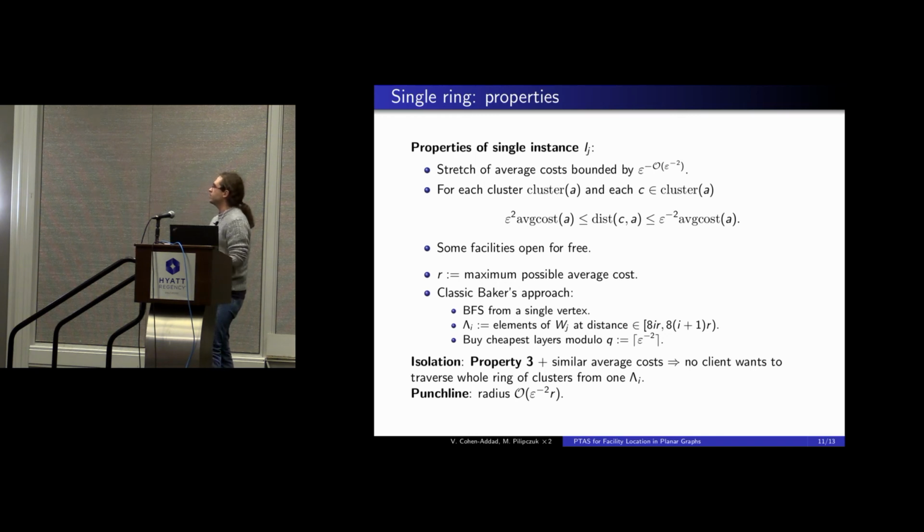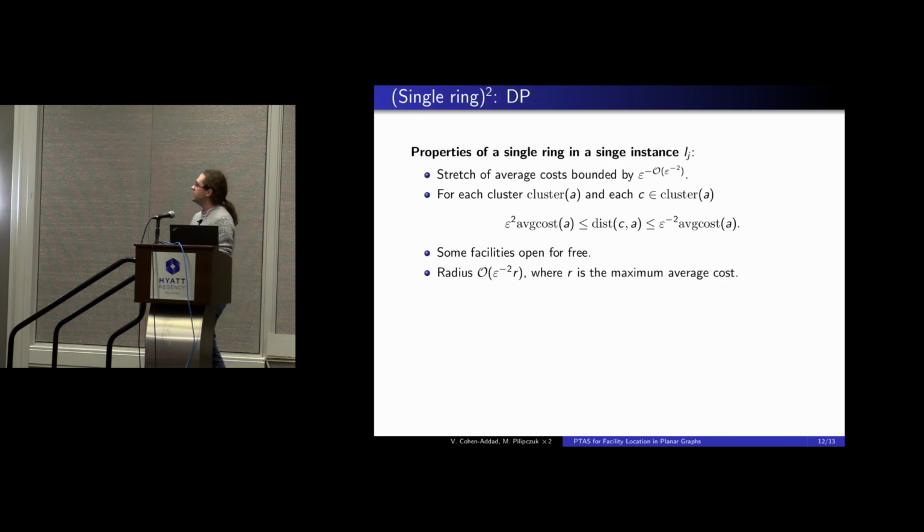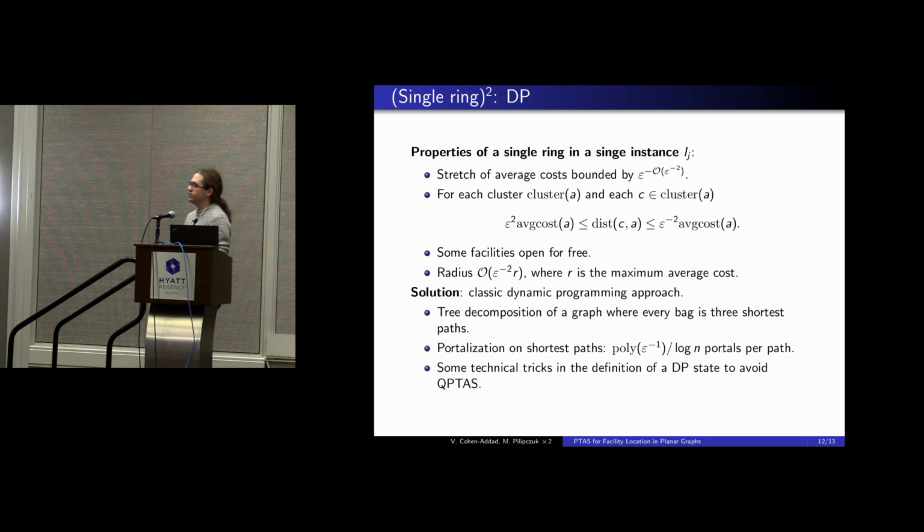Remember that average costs have bounded stretch here. And then with this, you just do classic dynamic programming over tree decomposition on every bag, which is three shortest paths. This is quite standard for planar graphs, and you do portals there, compute how many portals you need for the precision you need, and do a few tricks with the DP states to have a PTAS, not a quasi-PTAS. There's some care needed here.